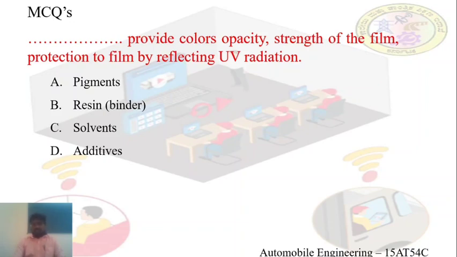The question says that the particular element provides color, opacity, strength to the film and protection against UV radiation. In the previous slides you already learned that the element which gives all these things is the pigment. So the answer is option A, pigment.